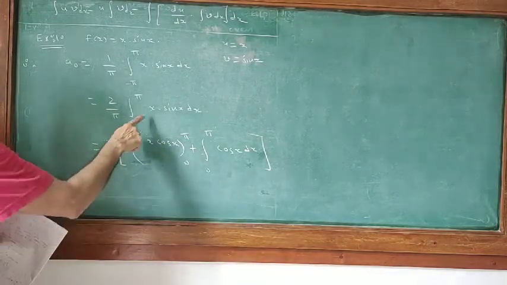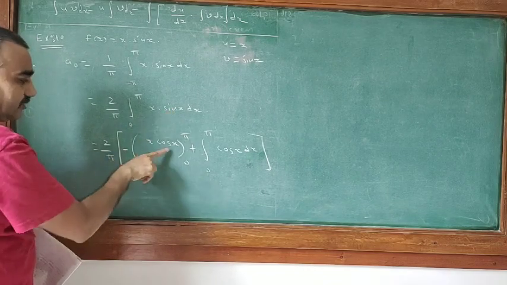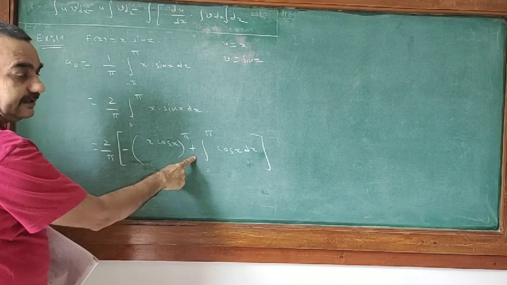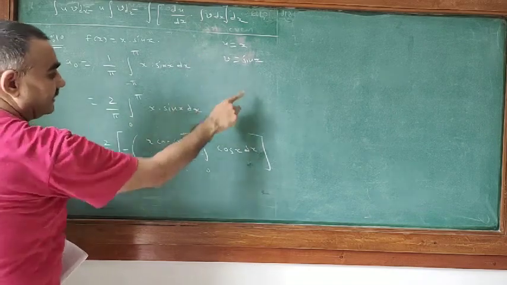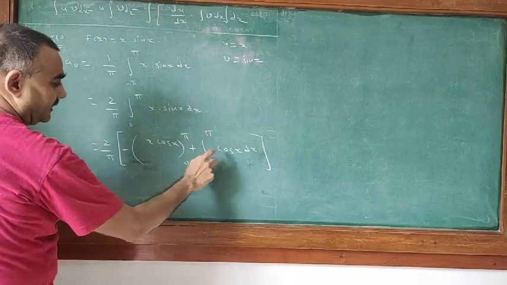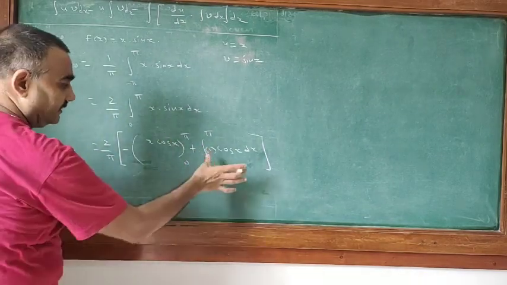So u as it is, the integration of sine is minus cos, and this sign of minus, actually there is a minus sign, but when we integrate sine it is minus cos, and the differentiation of x is 1, and therefore it is not visible there.